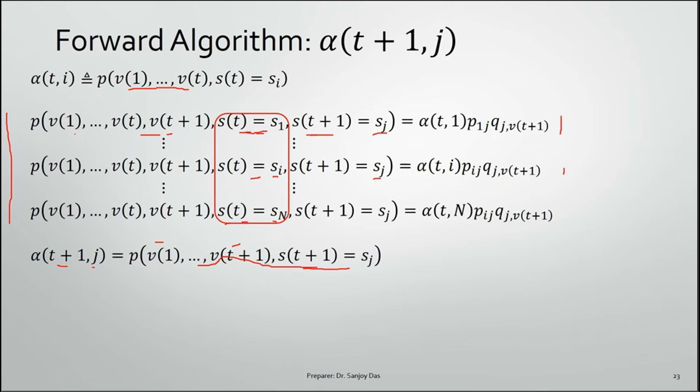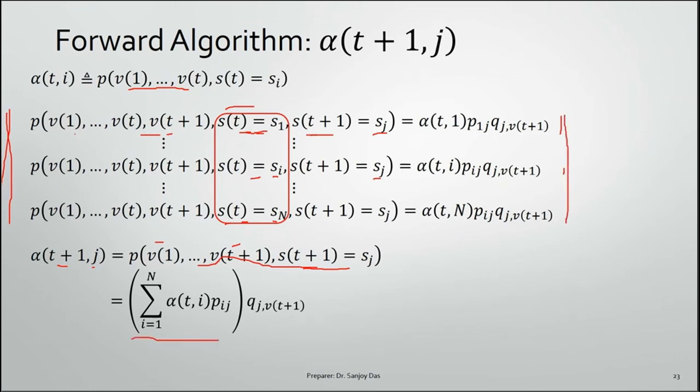So if we add up all of these, then we eliminate the condition for ST. Therefore, alpha t plus 1 j is simply equal to the summation of all of these probabilities, which is summation alpha ti pij times qj vt plus 1.